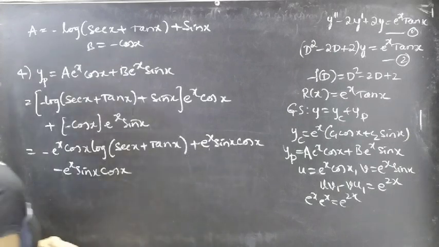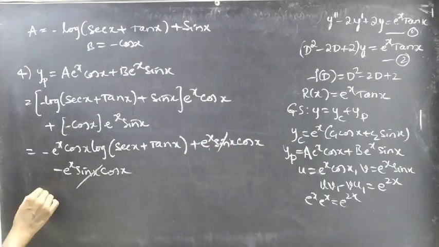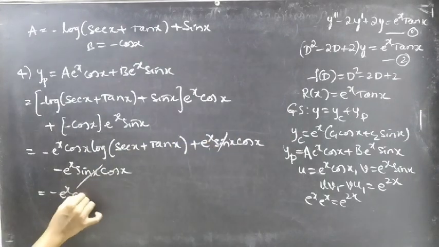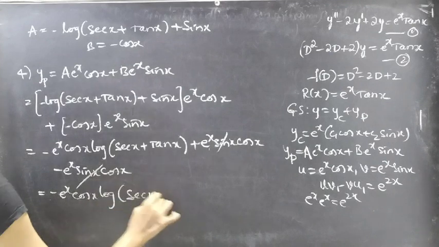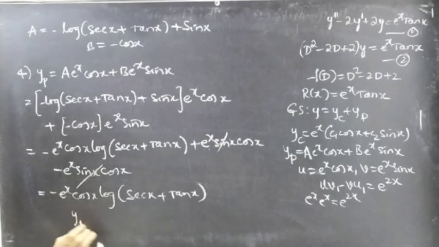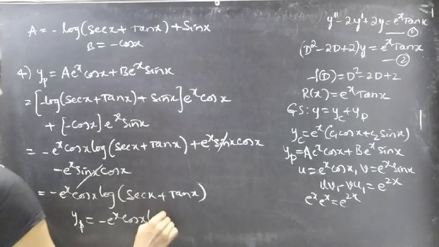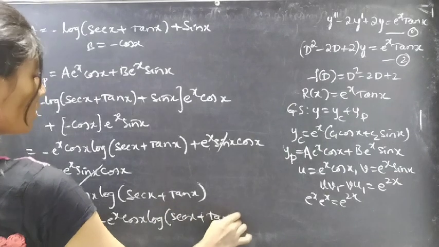Here plus e power x sin x cos x and minus e power x sin x cos x get cancelled, and you'll get minus e power x cos x into log of secant x plus tan x. From this we get yp equal to minus e power x cos x log of secant x plus tan x.